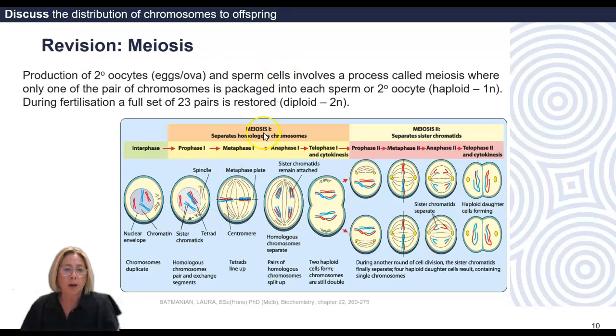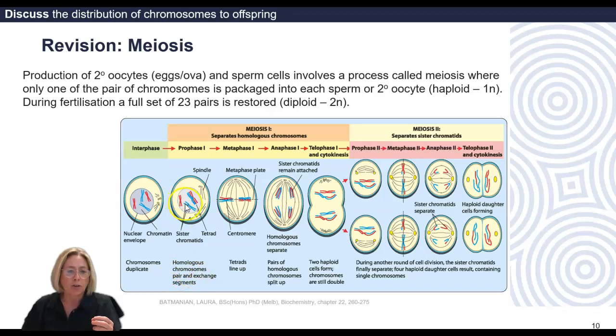So down here we have meiosis 1 and we have meiosis 2. And meiosis 2 is very similar to mitosis, right? But in meiosis 1, it separates the homologous chromosomes, right? So remember, just prior to meiosis, you're going to have the chromosomes duplicating, and they form these sister chromatids, right?